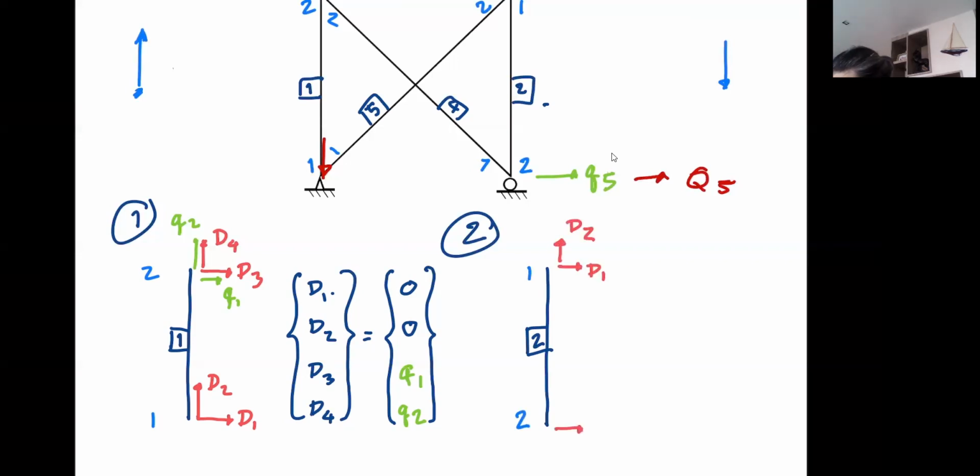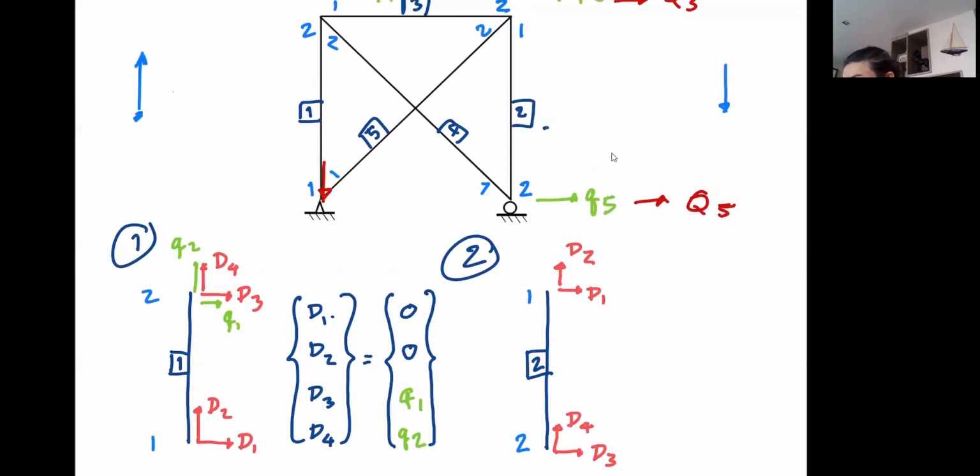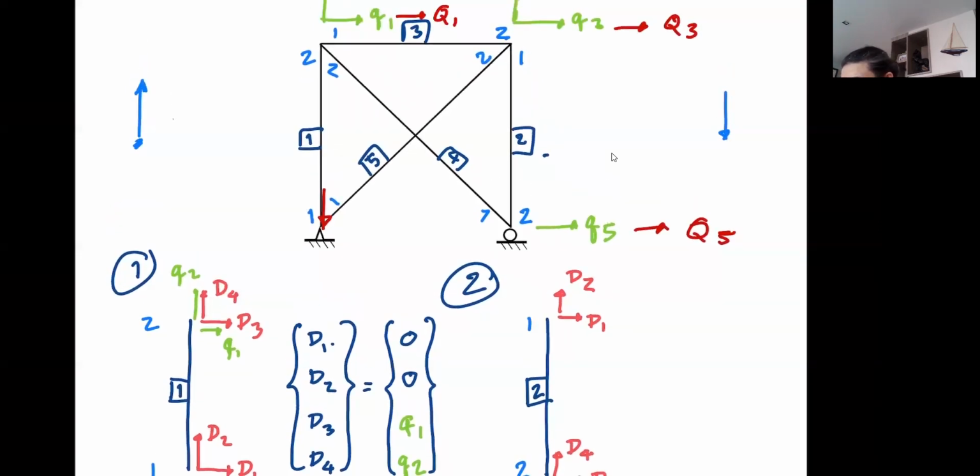This becomes D3 because it's node 2, and then D4. Now you would know that for member number 2 there'll be a lot of displacement, because this joint will displace both in X and Y direction, and this joint will also displace.